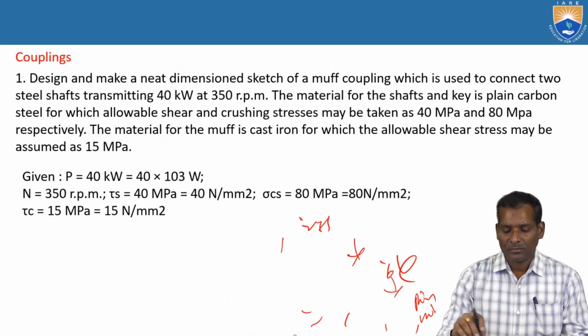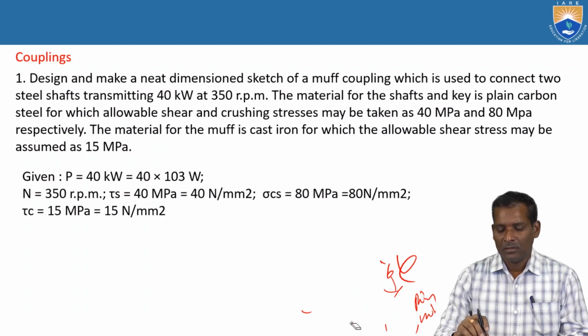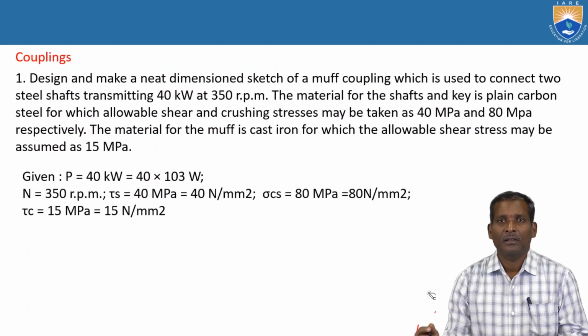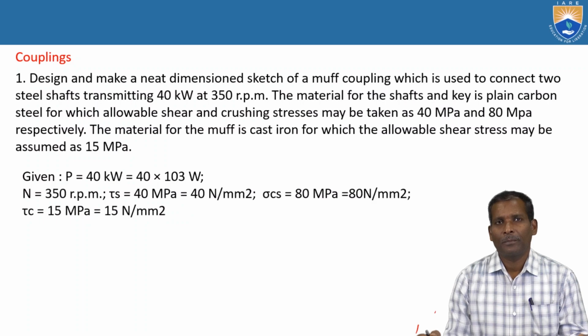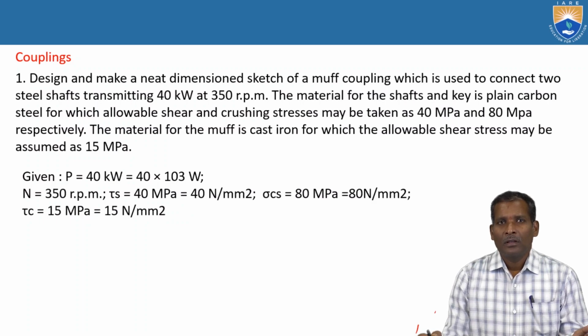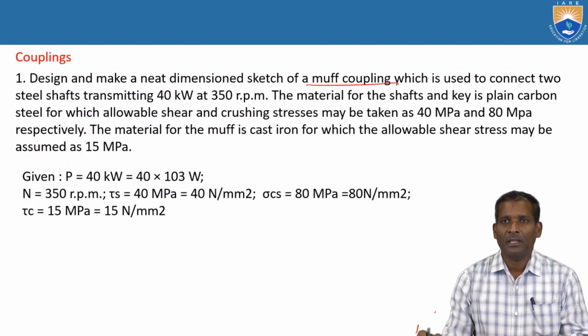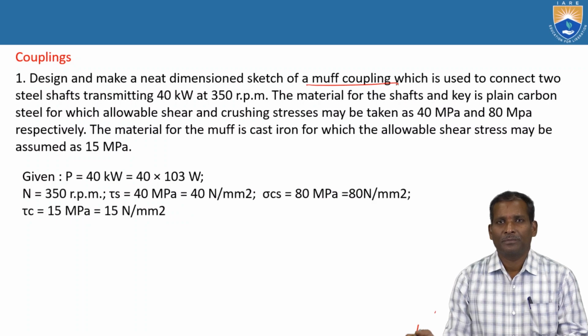So now, in the design part, how to calculate all the design parameters of a given coupling. The given problem here is a muff coupling. The muff coupling comes under rigid type coupling.